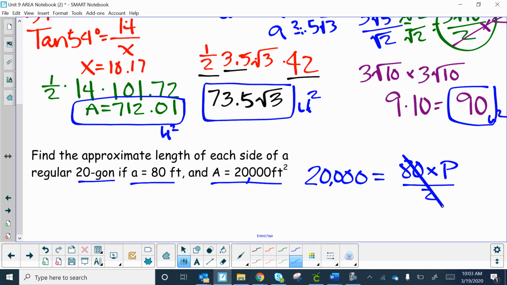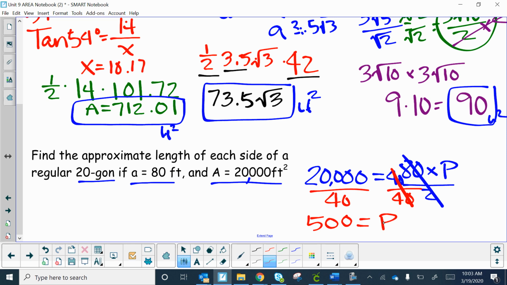2 goes into 80 how many times? 40 times. So that's a 40. And then I want to divide by 40 to cancel that out, and I have to divide this side by 40. So how many times does that go into that? 20,000 divided by 40 is 500. So 500 is the perimeter.